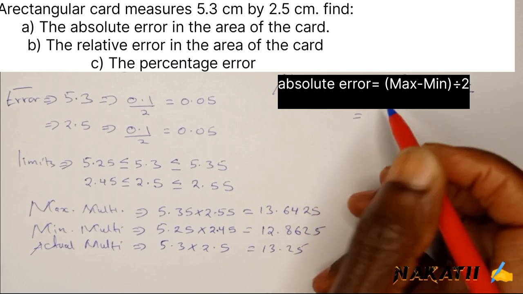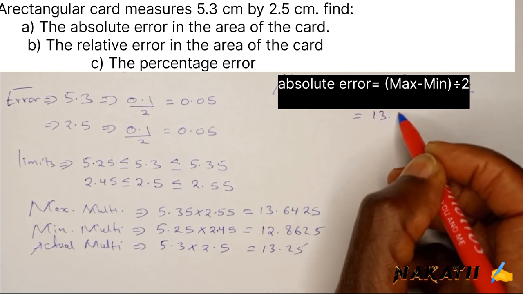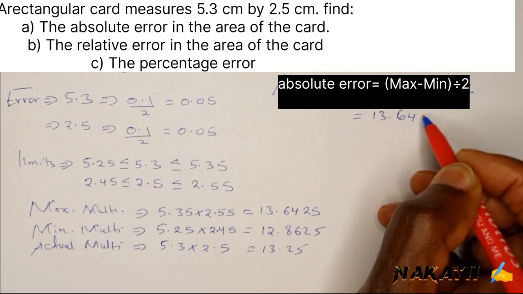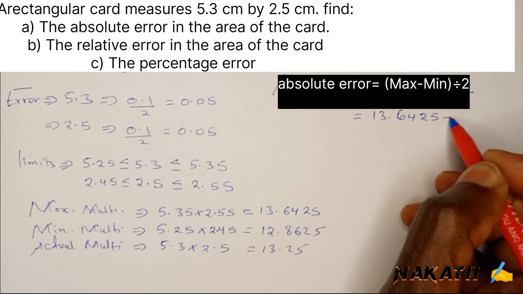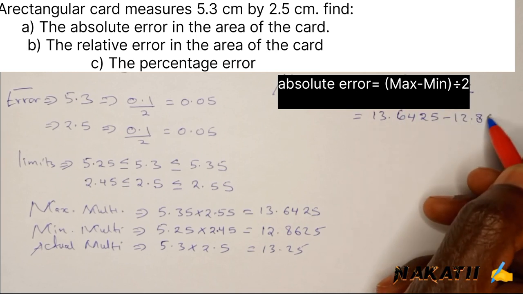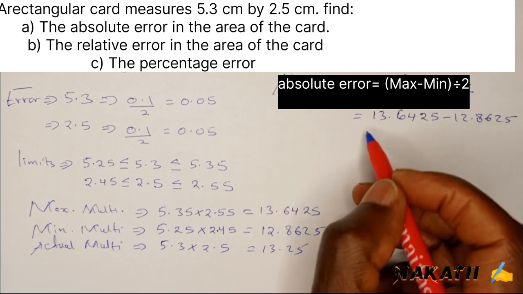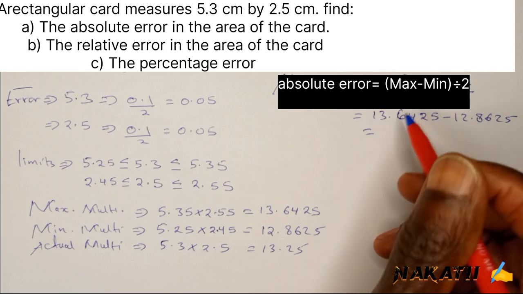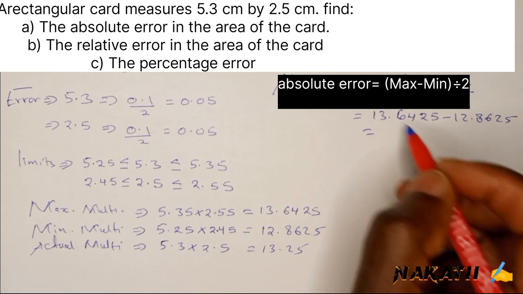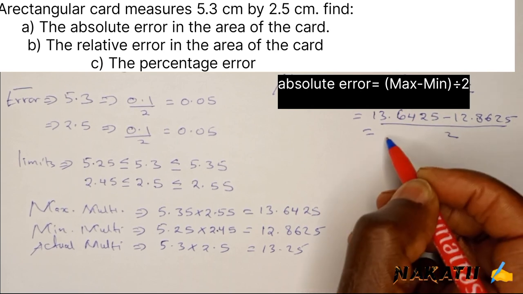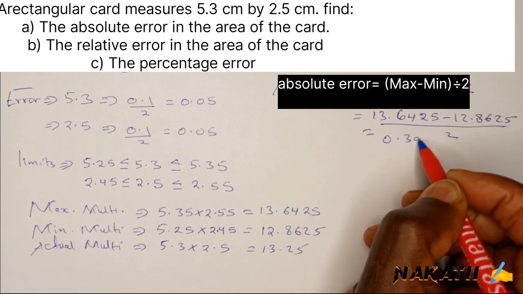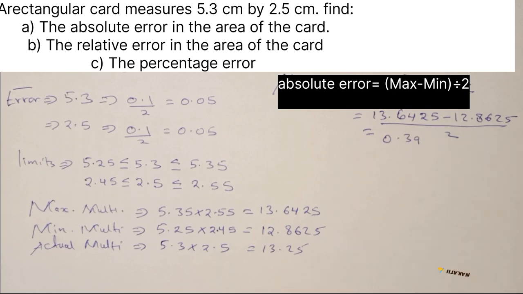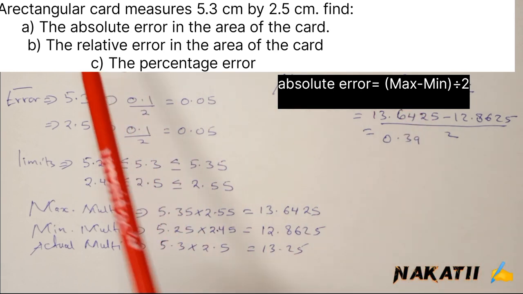So our maximum is 13.6425 minus 12.8625. When you subtract this, then divide by 2, you will get 0.39 as the absolute error. So after getting the absolute error, we have answered part A.